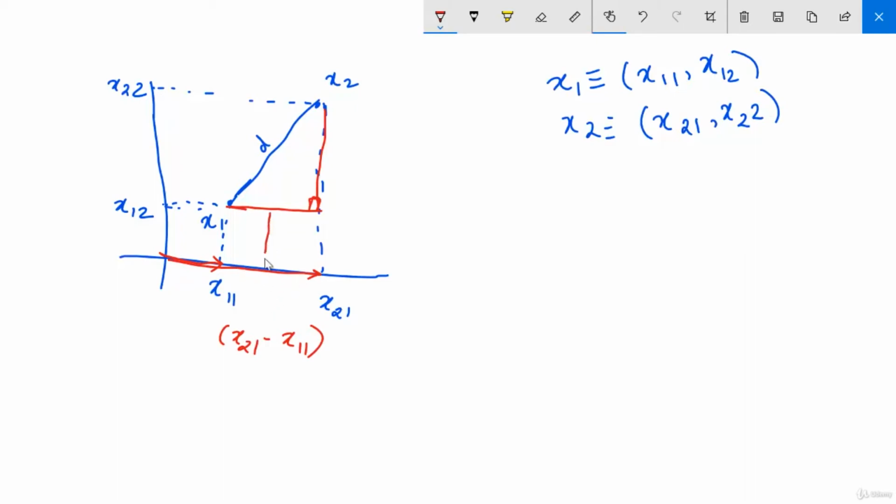So this is this. Similarly, this is x22 minus x12. This is your this distance. So this distance is this one. So we can write it here.